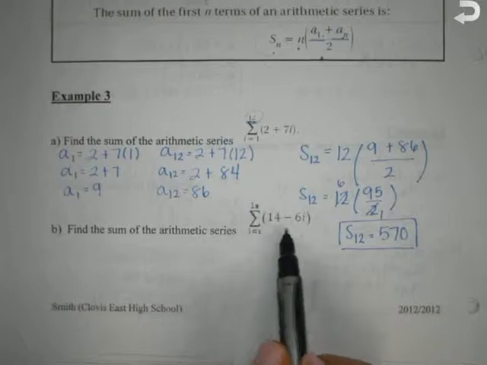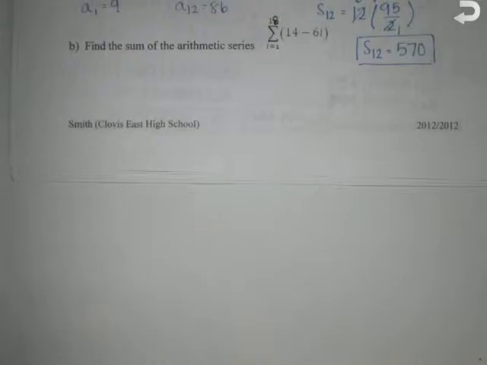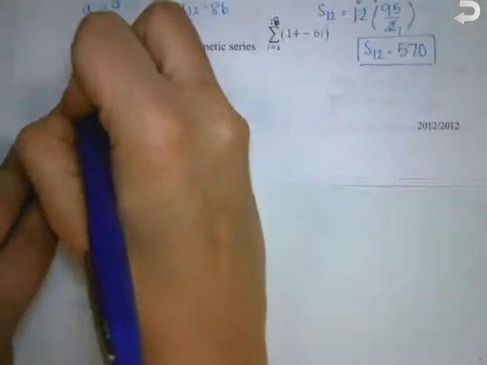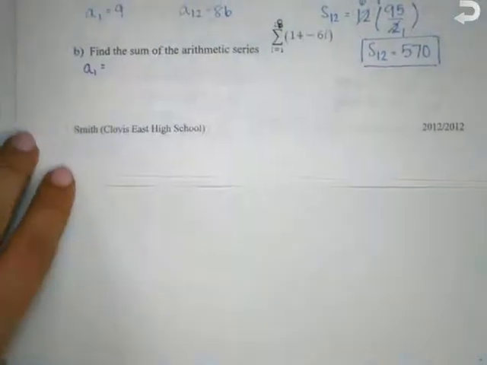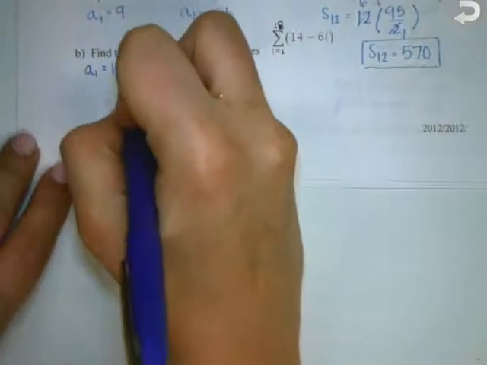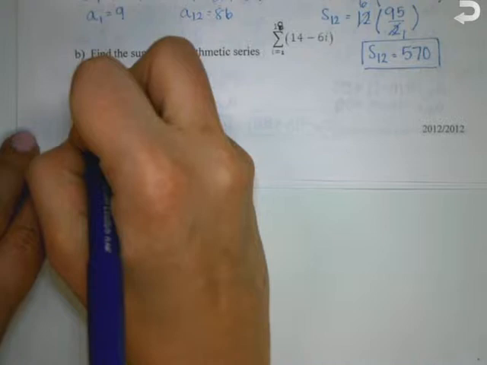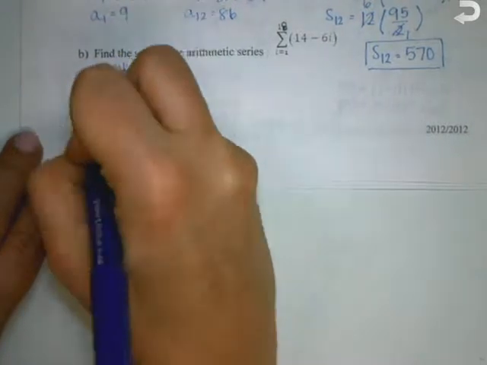Okay, so before we can find the sum, we first need to find the first term and the last term, which in this case is 18. So a sub 1 equals 14 minus 6 times 1. So that's a sub 1 equals 14 minus 6. So a sub 1 equals 8. Not bad. A sub 18.